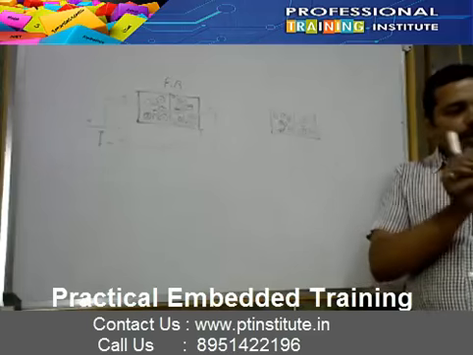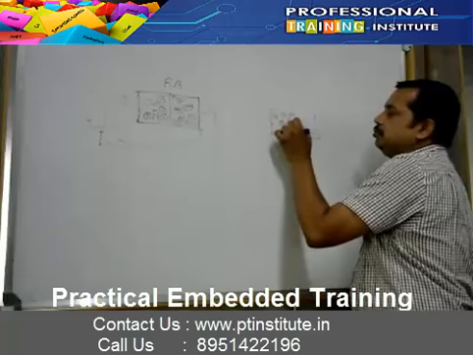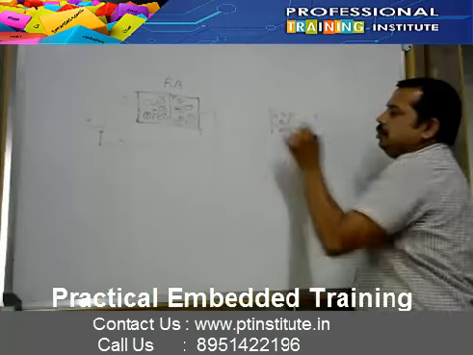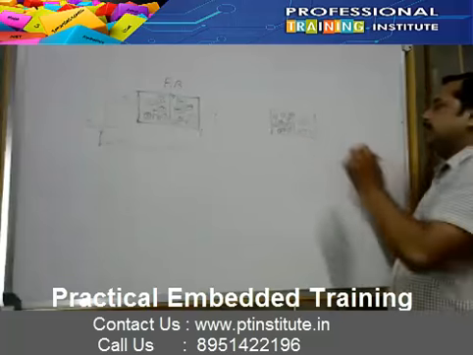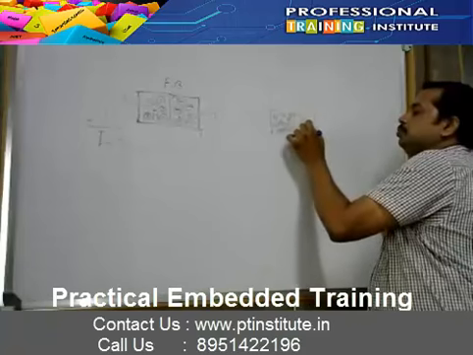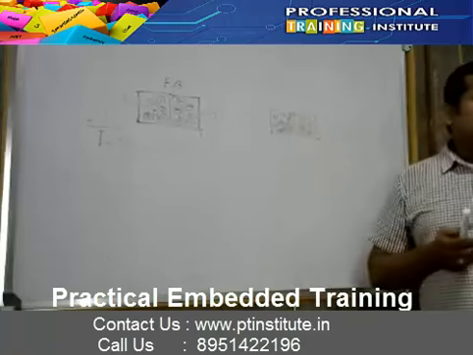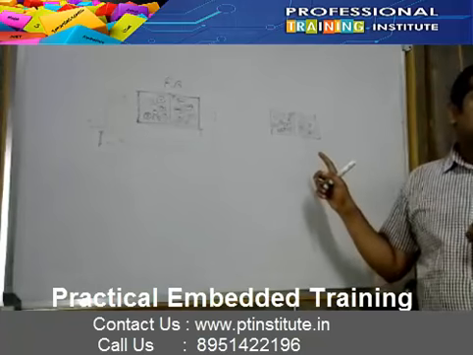Minority carriers means a small number of electrons it also has. Mainly it has holes, but it has electrons also. In the same way, here it also has some holes. They are the minority carriers, very few in number, but they still exist.